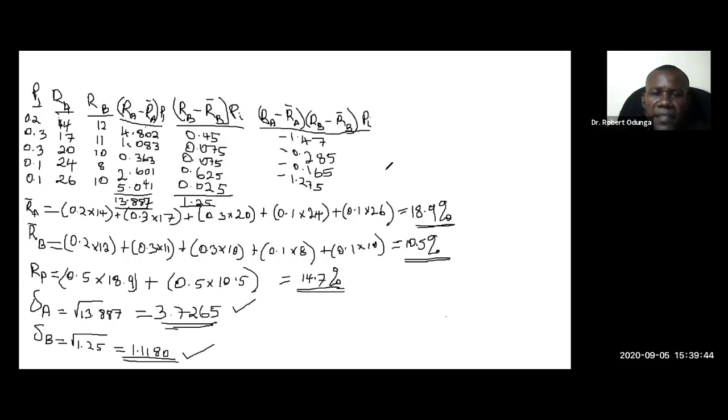The other side goes negative. Go ahead. 10.5 times negative 0.5, 1.1 times 0.5 times 0.1. Negative 0.355. All are negatives.